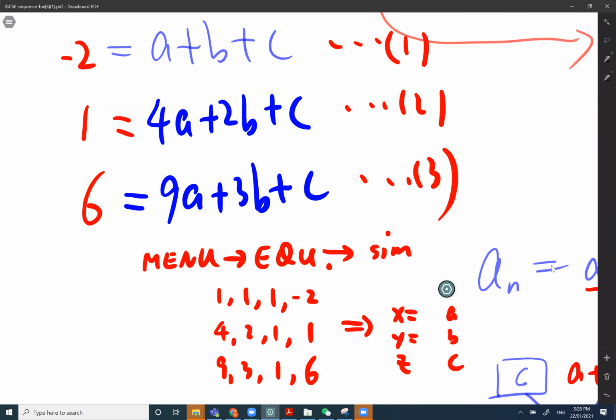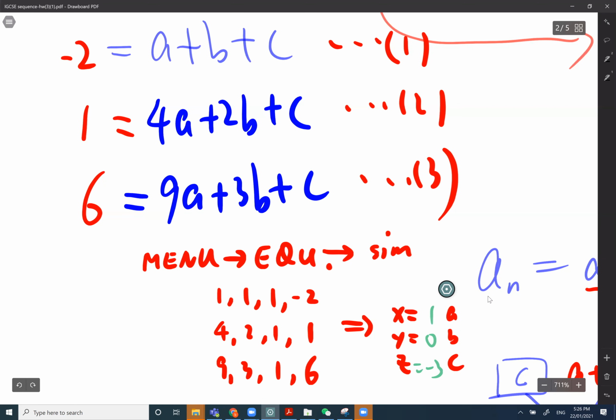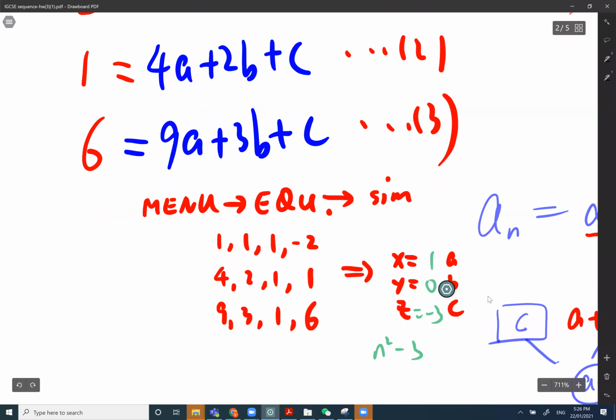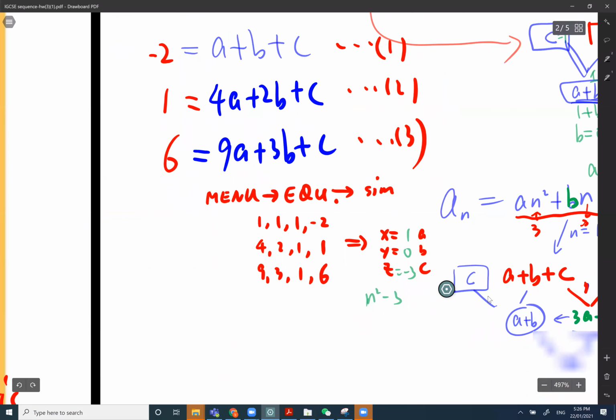X is 1, Y is 0, Z is negative 3. So from the calculator, 1, 0, negative 3. That's why n squared minus 3. Or n squared plus 0n minus 3.